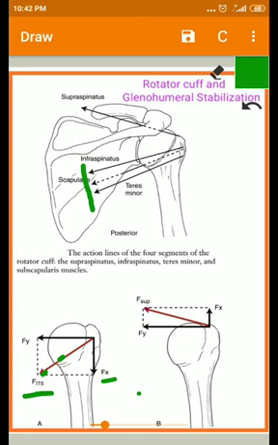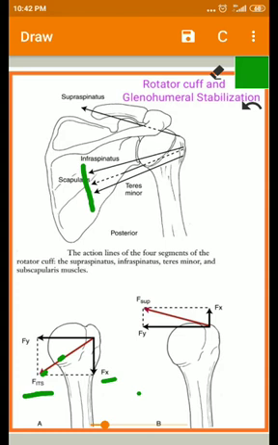Because of the articular surface, this is the convex articular surface. So this rotatory force causes some rotation of the humeral head, and it is also perpendicular to the long axis of the bone.